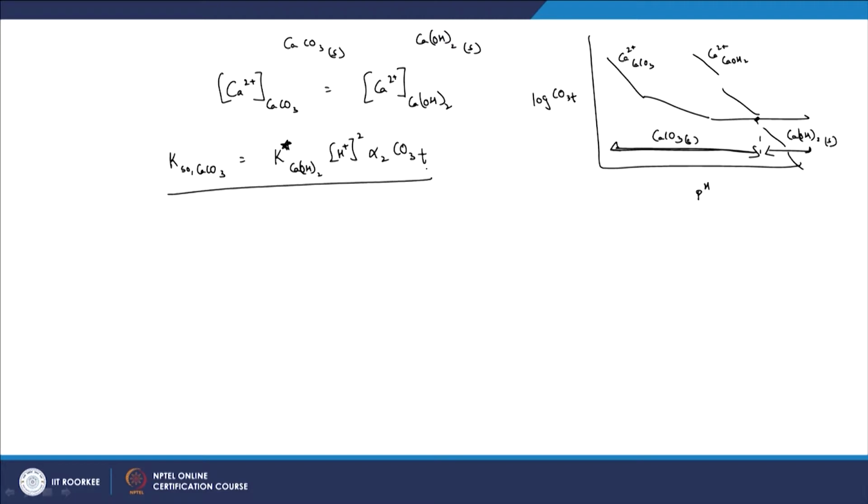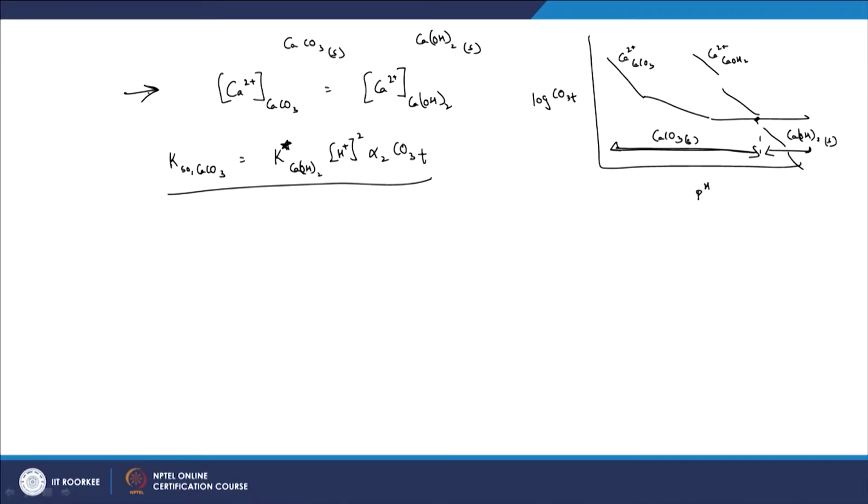This was the relationship we figured out for the case when both the solids would precipitate out. And when would that be the case? When the concentrations of calcium in equilibrium with both the solids are equal.